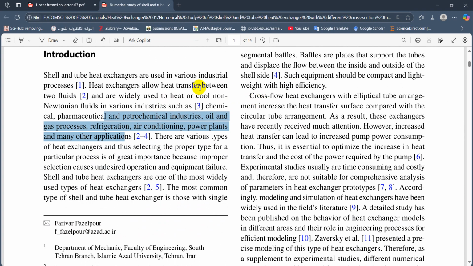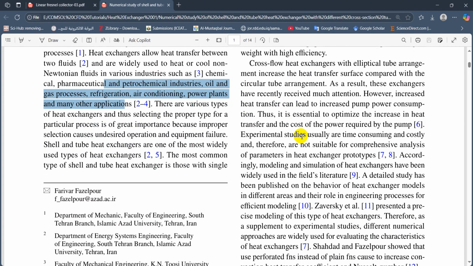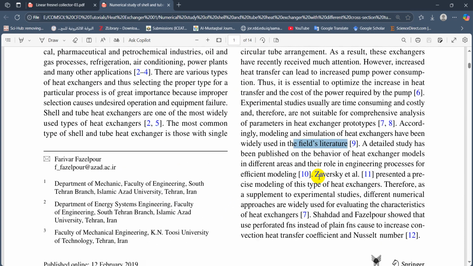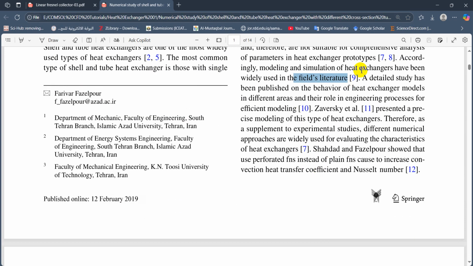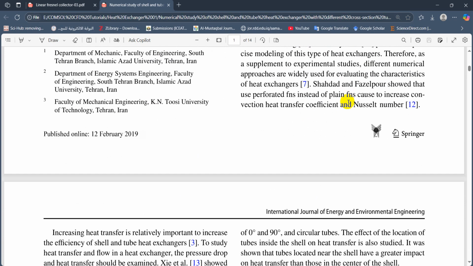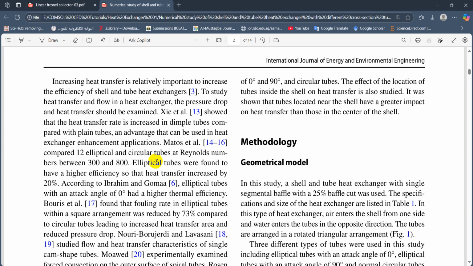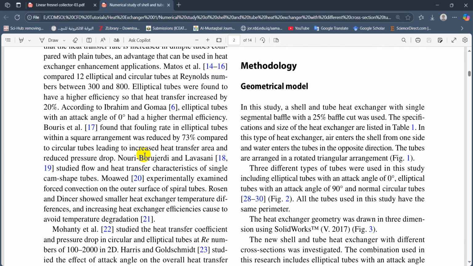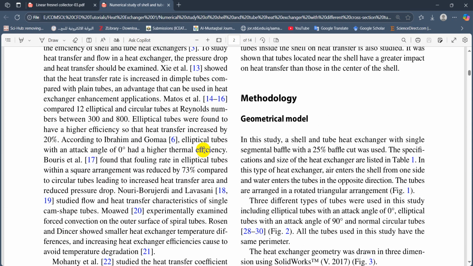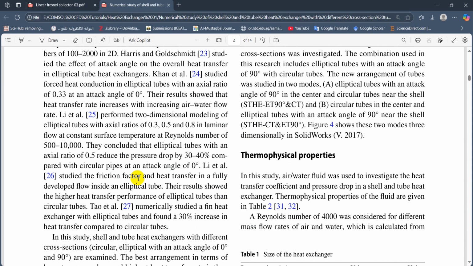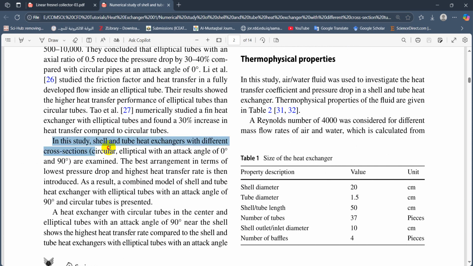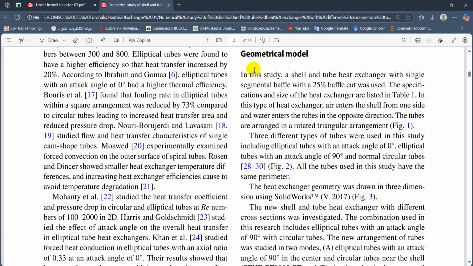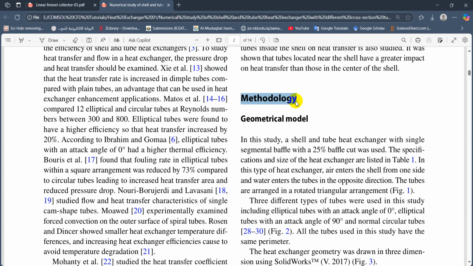Now, after this introduction, the authors start to describe the previous studies, so you can see here that the authors start to summarize the works related to their work. After the introduction is completed, the authors generally add what they are planning to study in their paper, which will be in the materials and methods or methodology.